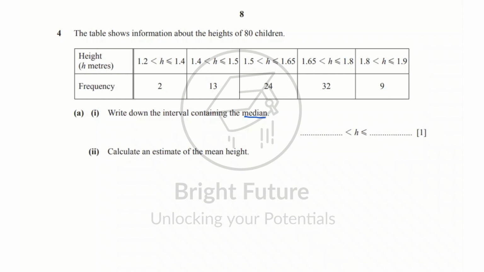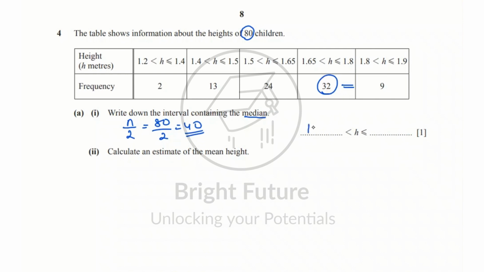Okay, let's check it with the formula that we have. n upon 2 will give you the median. So this will become 80 upon 2, which comes to 40. Now 40 lies over here. 40 comes in between over here. So this becomes your median.